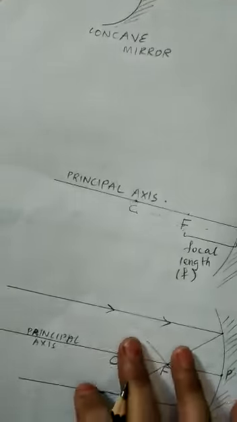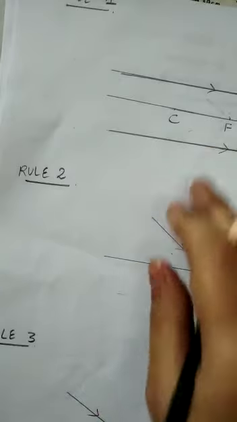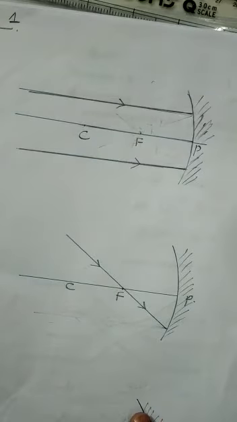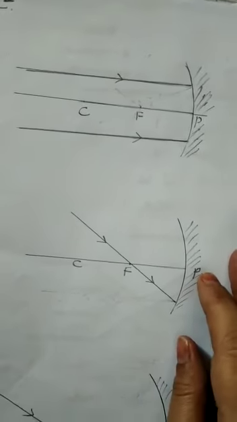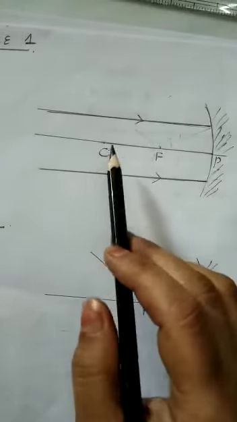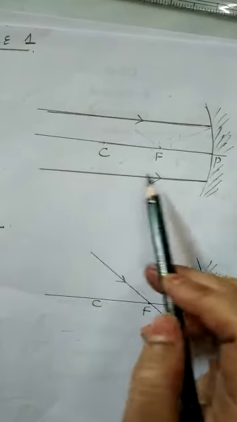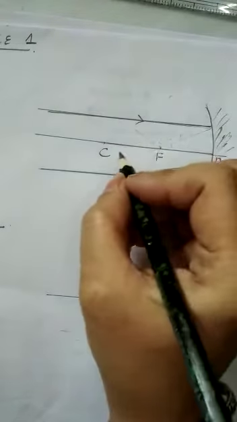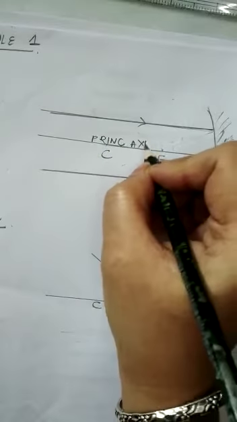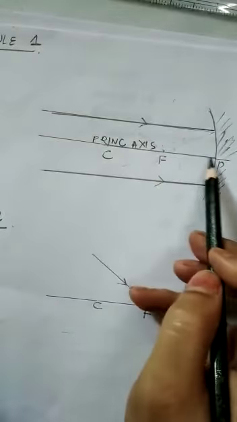Okay, so this is important to understand, and we should be knowing the three rules to draw the ray diagrams. Okay, so these three rules states, the first rule states that any incident rays of light which is parallel to the principal axis, yes, this is our principal axis, the middle line is the principal axis.